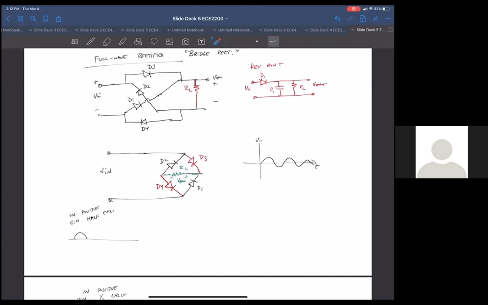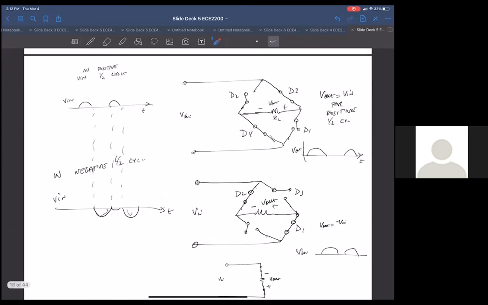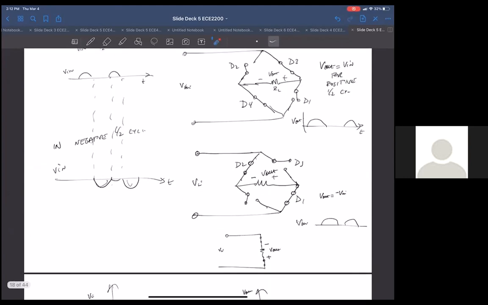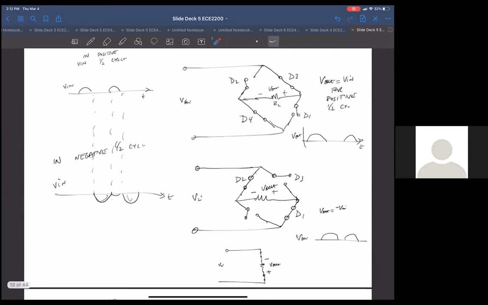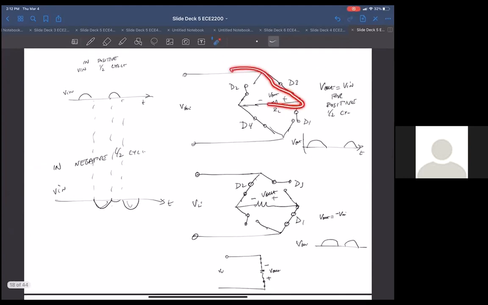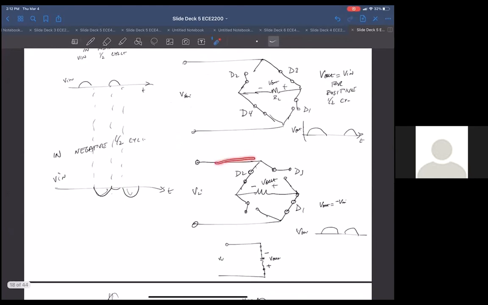Even when Vn is going negative, because of the different set of diodes, these turn on. So we either turn these guys on to make this thing have a positive relationship with Vn, or on the negative half cycle, these switches turn off and these turn on to give you a negative relationship between Vn and V out.